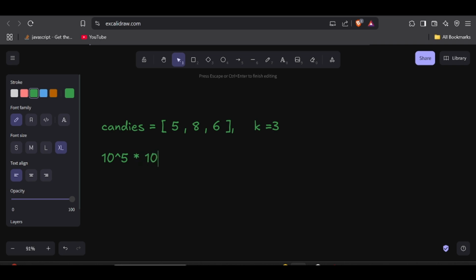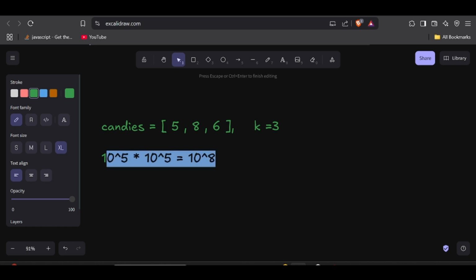Because if we go to n square, then it will reach 10 raised to power 10 and that is not allowed, because whenever we are making a solution, at max we can go to 10 raised to power 8 only. That is why the n square approach is not allowed here. If we do, we will get TLE at the last.